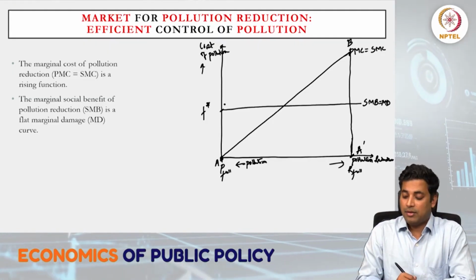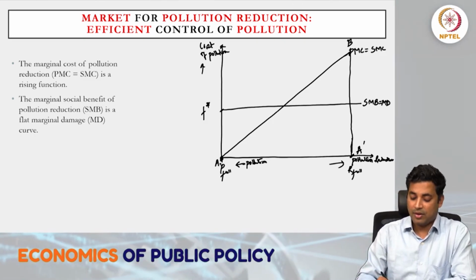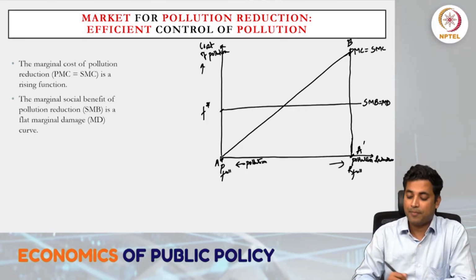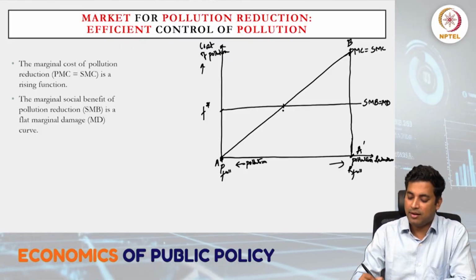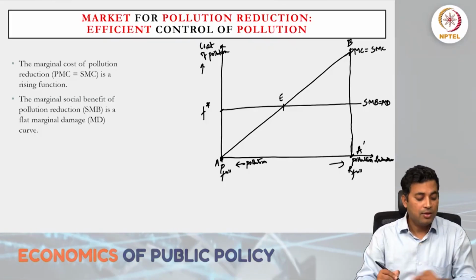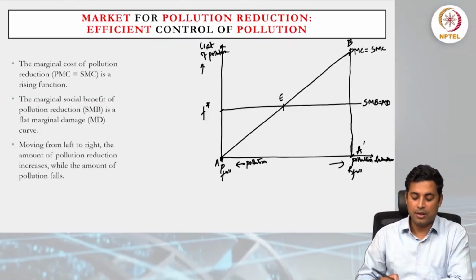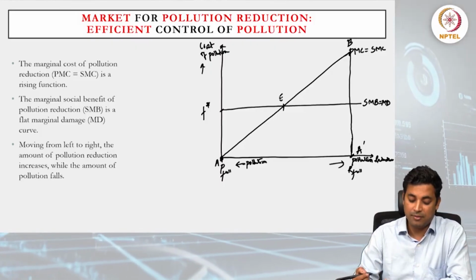So there are three points here. One is point A, the other is point B. These are the two extreme points. But there is also point E, and point E is our optimum level.